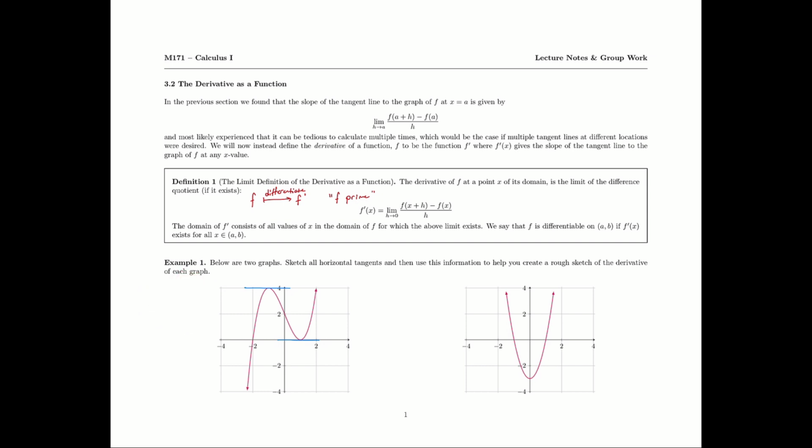But for these two graphs, the function's differentiable everywhere. There are no corners or cusps or sharp immediate transitions. So we're only going to look for, first, where we have horizontal tangents. This tells us the slope of the tangent line at this location must be 0.